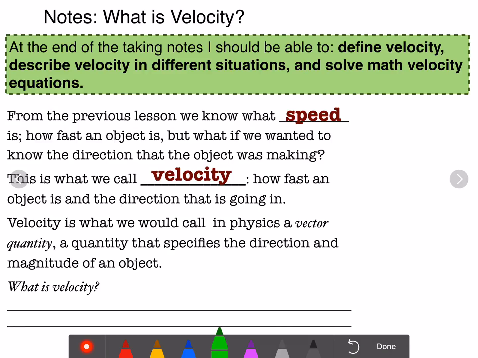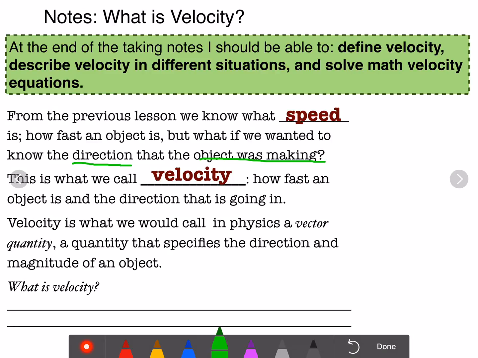From the previous lesson, we know that speed is how fast an object is, but what if we wanted to note the direction the object is making? That's very important, the direction the object is making. This is what we call velocity: how fast an object is and the direction that it is going in. Velocity is what we call in physics a vector quantity, a quantity that specifies the direction and magnitude of an object.